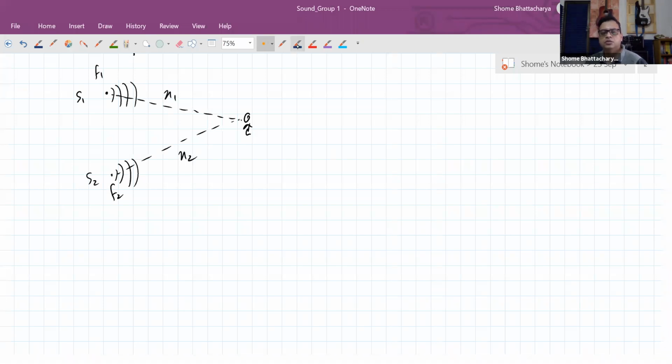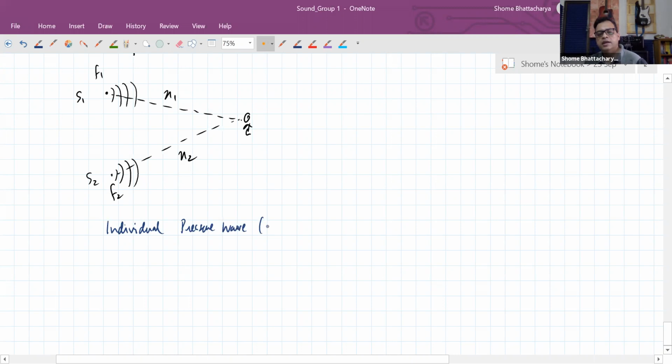So the individual pressure wave at the position of the detector due to S1 is, let's say, given by, just to make things simpler, let's take the amplitudes as the same.